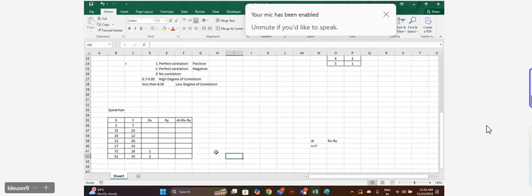Can you please tell me the values of variables x and y? The values of X are 5, 35, 10, 13, 17, 72, 52.